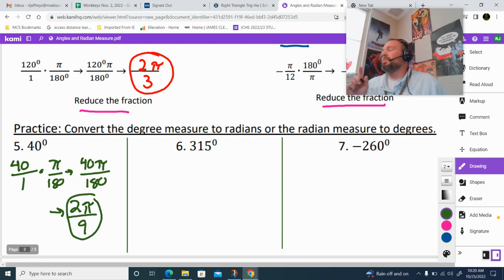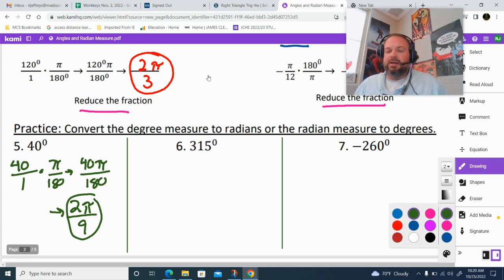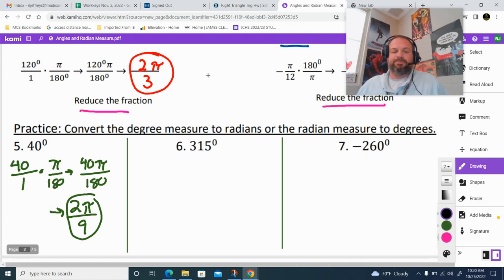There is something we're going to work on with a chart tomorrow and Thursday, and 40 degrees is not on there. Some of these others are, but not that one. All right, so this one we have 315 over 1 times pi over 180.